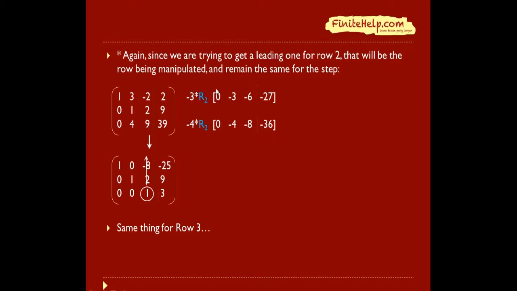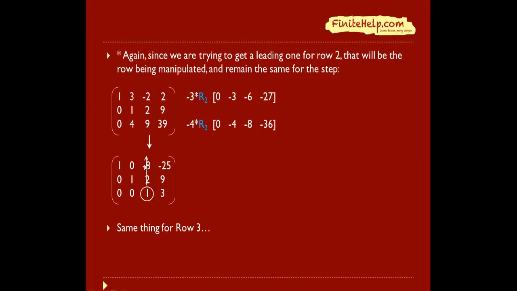So here I've highlighted, we're multiplying negative 3 times row 2. In the same way, I want to get rid of this 4, so I multiply row 2 by negative 4. And now row 2 stays the same, and old row 1 goes away by changing into a new row 1, which is adding these two side by side.